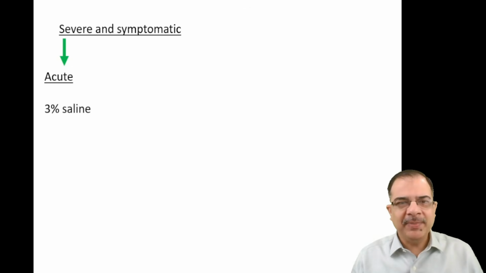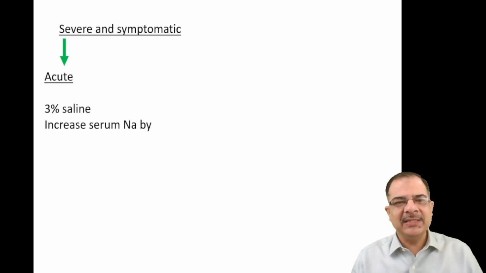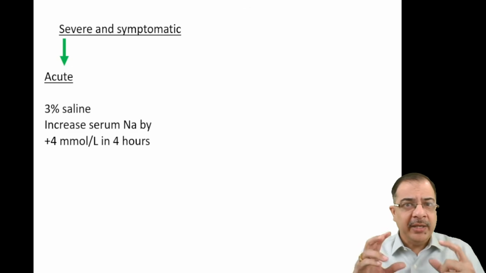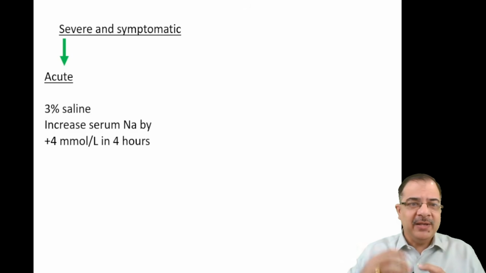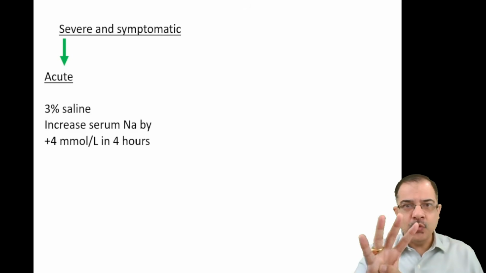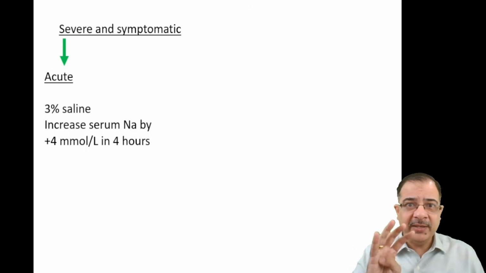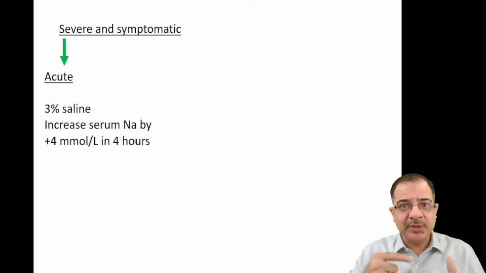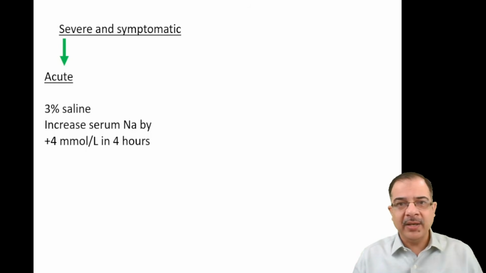So we give 3% saline, and our target will be, in the first 4 hours, to increase the serum sodium by 4. So in 4 hours, if we increase the serum sodium concentration by +4 from the initial value, that will take care of the brain symptoms, the CNS symptoms. So this is the emergency step that should be taken.